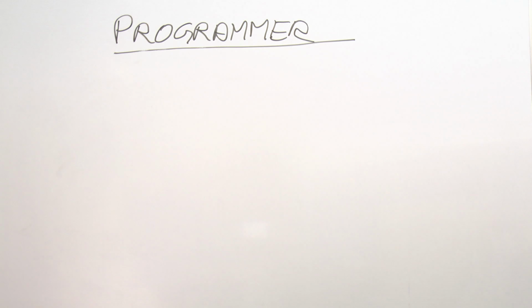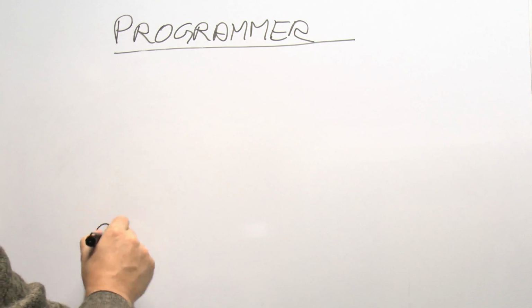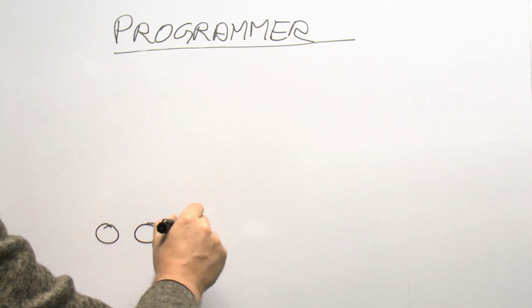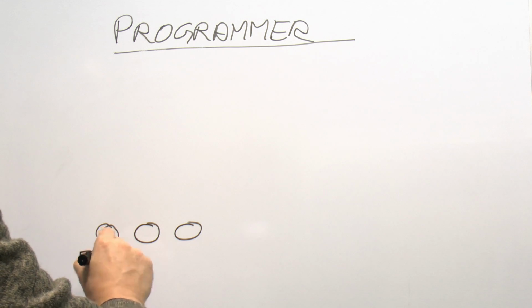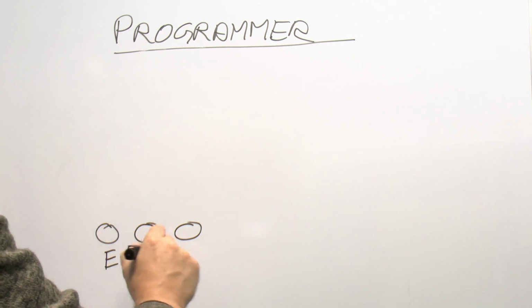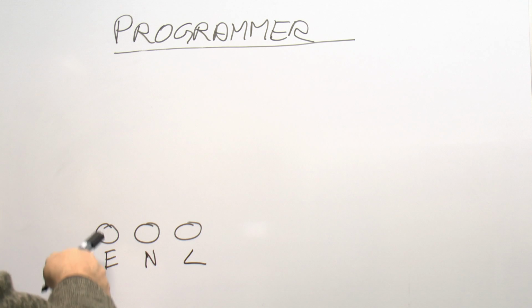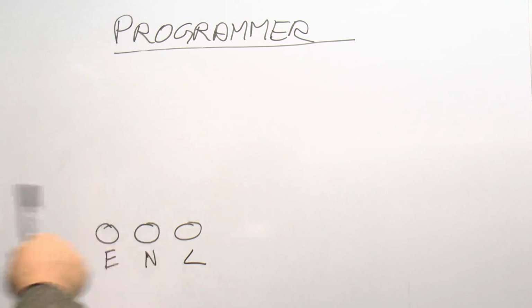Now all programmers require a mains supply, and this needs to be permanently on, because otherwise of course the programmer wouldn't actually work. So three terminals coming in, so you've got earth, neutral, line there. The earth often isn't connected, it's just on a separate disconnected terminal, but nevertheless the earth should be taken to the device.